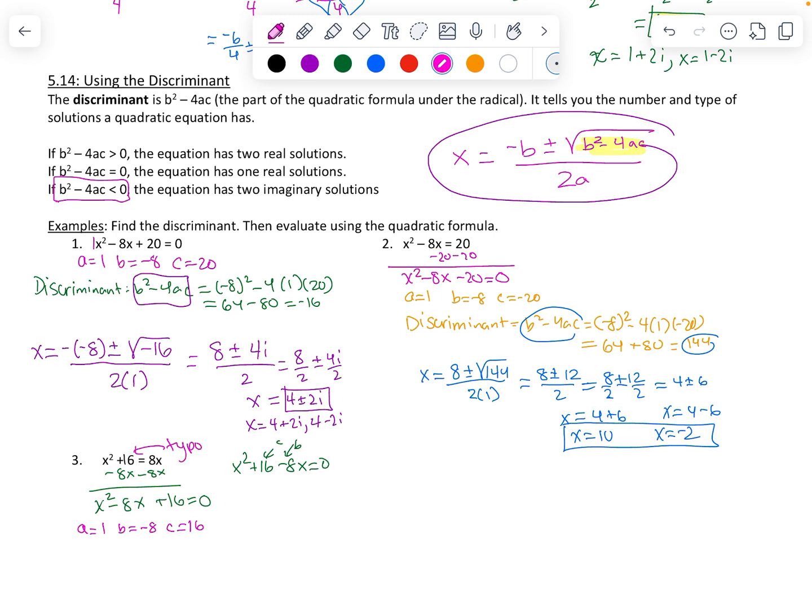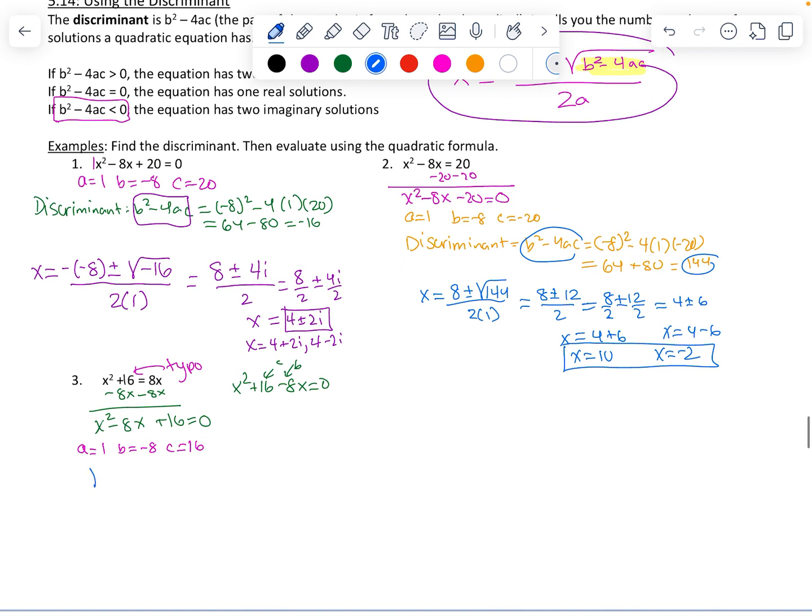So then when I find my discriminant, I get b squared minus 4ac is equal to -8 squared minus 4 times 1 times 16. And that gives me 64. 4 times 16, if you can't do that in your head, you can just work it out on the side.